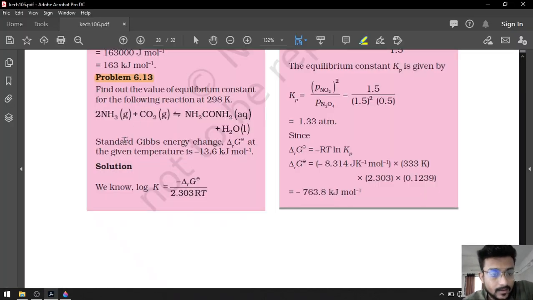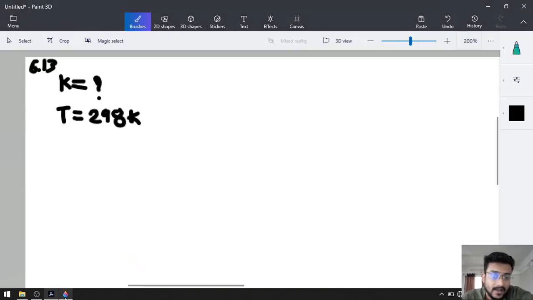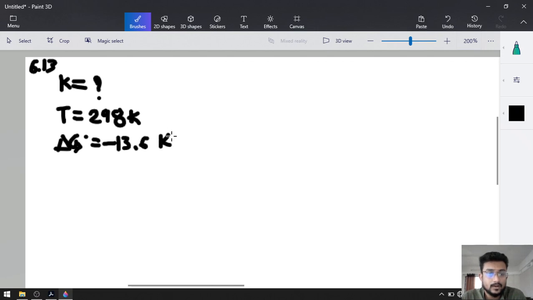Calculate the standard Gibbs energy change. Delta G naught has been given, delta G naught is equal to minus 13.6 kilojoule per mole, right?